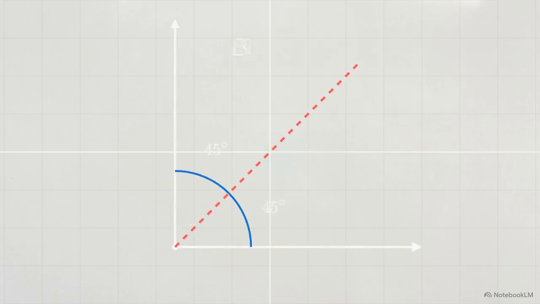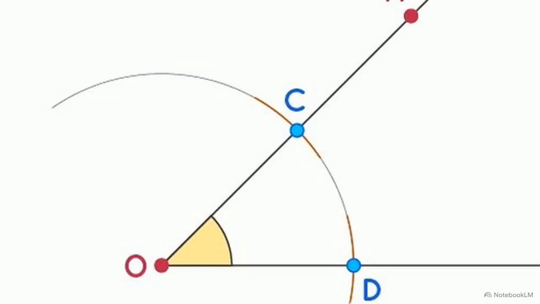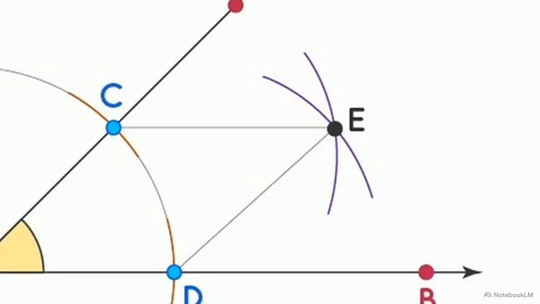Once an angle is established, you often need to divide it into two perfectly equal parts. This geometric process is called bisection, and it is an essential technique for creating symmetrical structural designs. To bisect an angle with a compass, place the point on the vertex and draw a single reference arc that cuts across both rays. This creates two new anchor points on the angle, labeled here as C and D. From those two new points, you draw two intersecting arcs in the space between the rays.